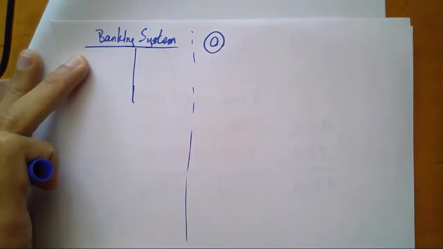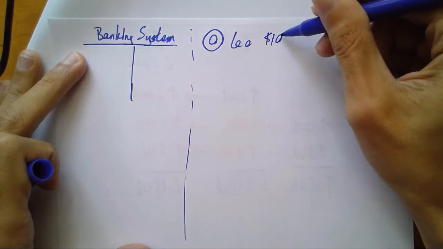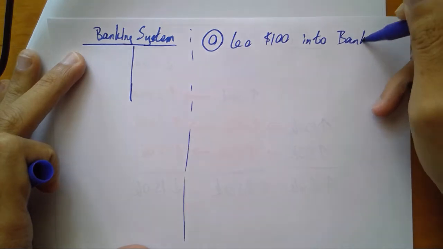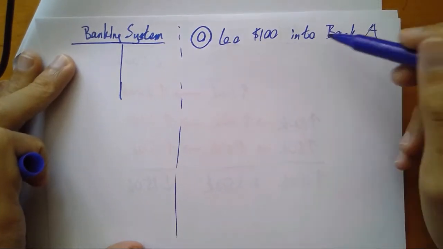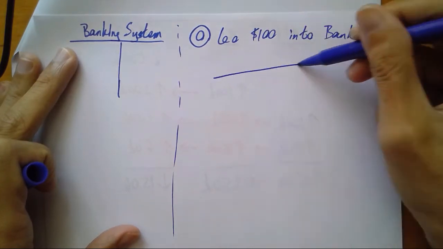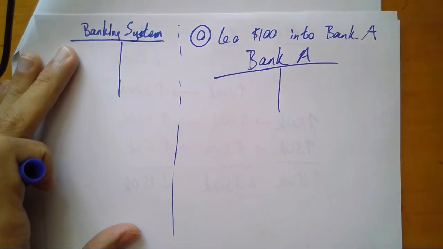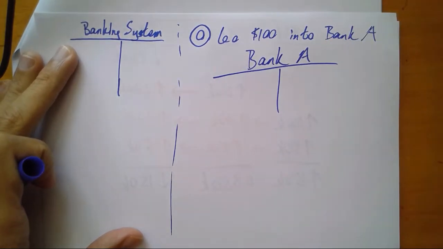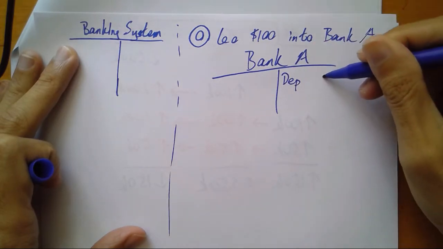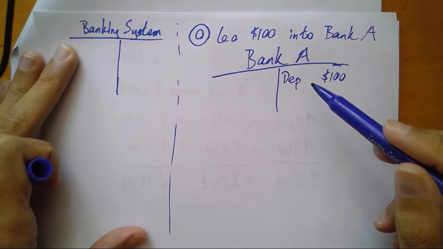Step 0. Let's say Liu Chen puts 100 into bank A. First of all, Leo puts 100 dollars into the bank. Therefore, what happens? Immediately, bank A gets 100. I put money in, so it should be called a deposit of 100. Don't think too much, deposit goes on the right hand side.